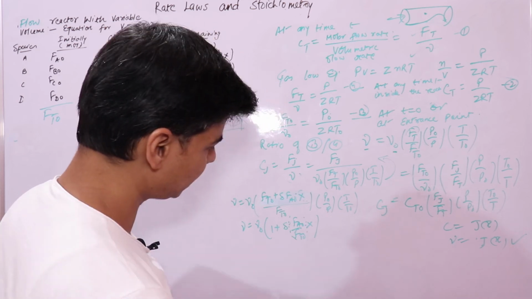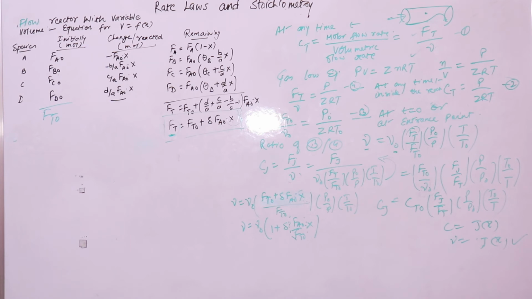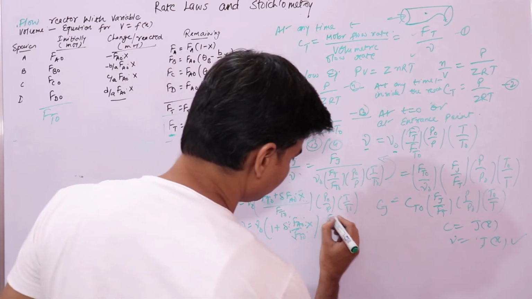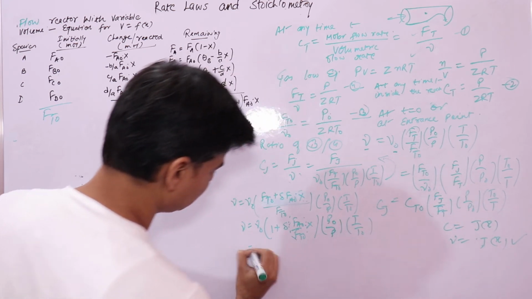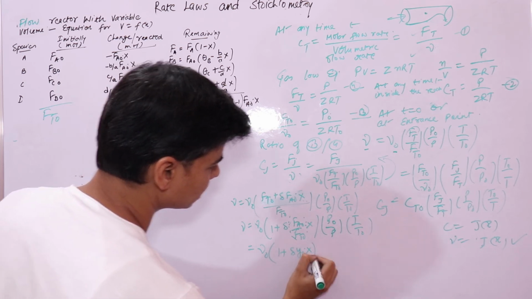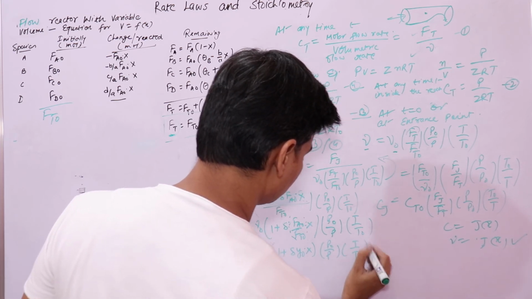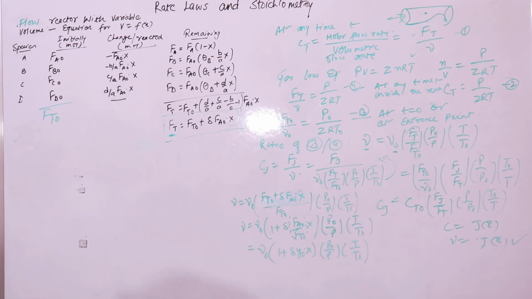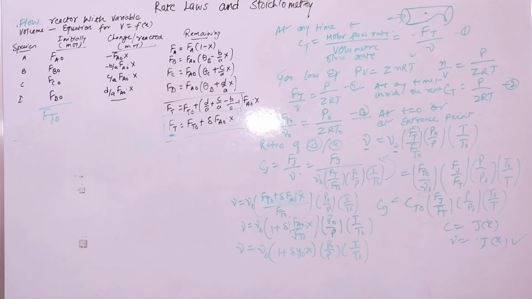So we will express this as, like we did before, del y0, or I'm sorry, it was y0. So this is your P0 upon P, T upon T0. This is your nu 0 times 1 plus del y0 x, P0 upon P, T upon T0. This is how it looks.